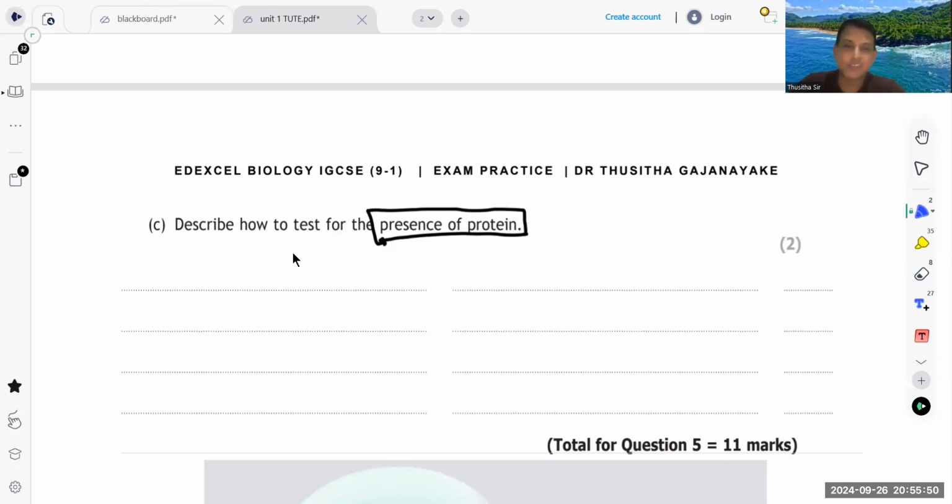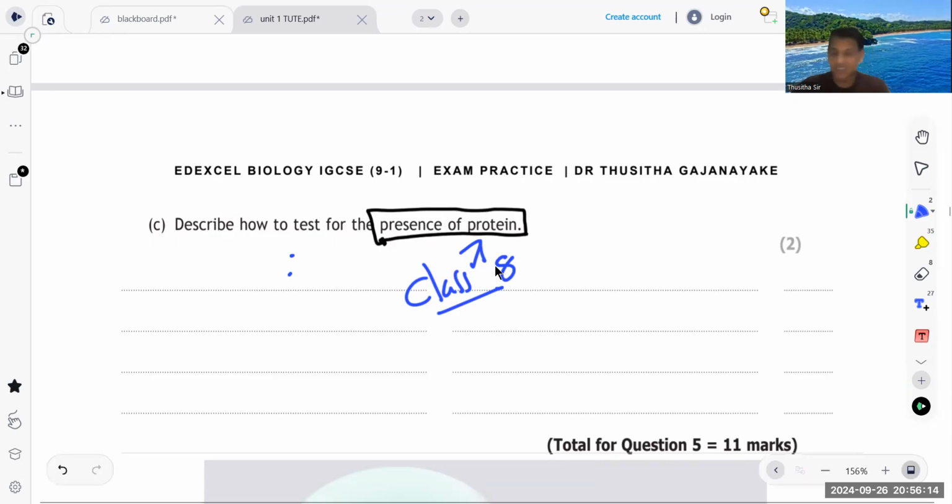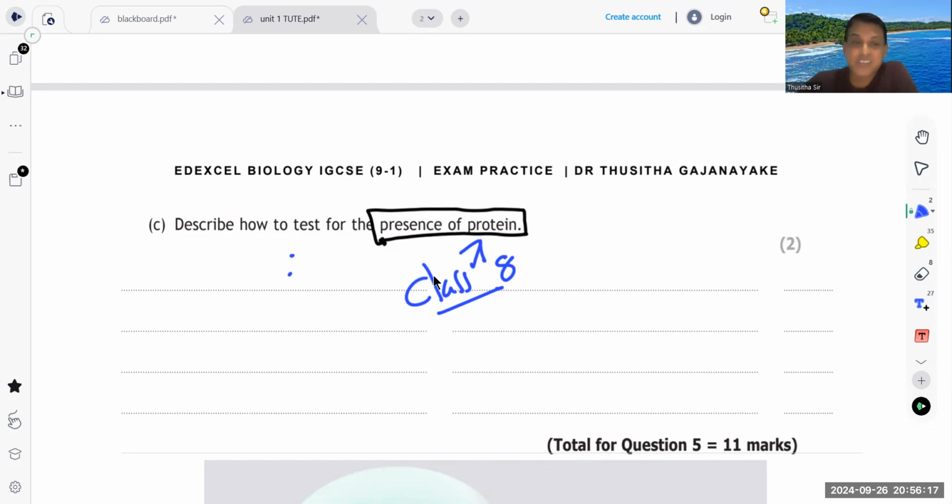Okay, I think you have to really study. This is a very basic thing. If I remember, we learn this from class 8, 9, 10, all the levels, the protein test. I feel you need to study a lot because some did not answer, some did not answer correctly. The test is the biuret test.